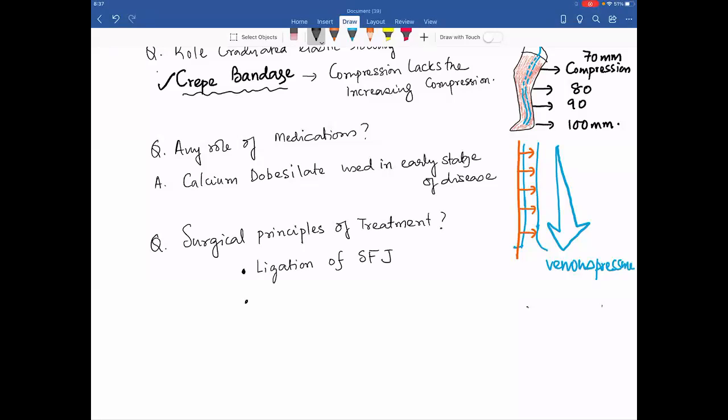Point number 2, ligation of perforator. Number 3, removal of varicose vein by stripping.